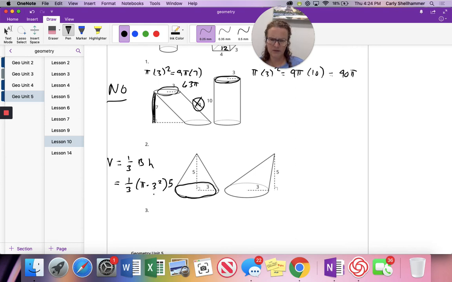So I've got pi r squared, 9, 45 divided by 3, 15 pi is my volume. And here, just because it's slanted, my base has not changed, my height has not changed. So I don't even have to calculate the volume. I know they're going to be the same because the base and the height are consistent. So we're good here.